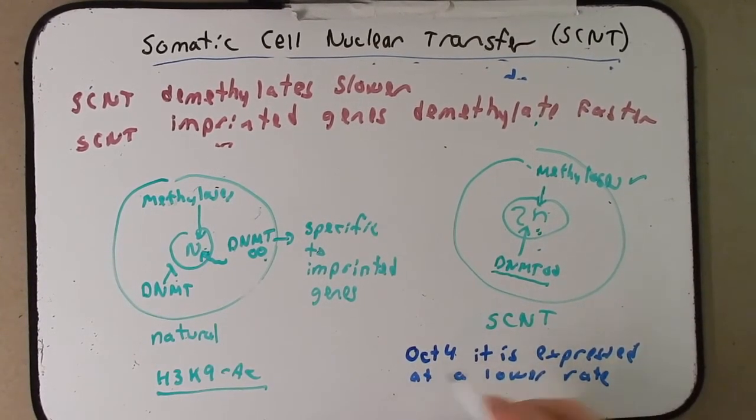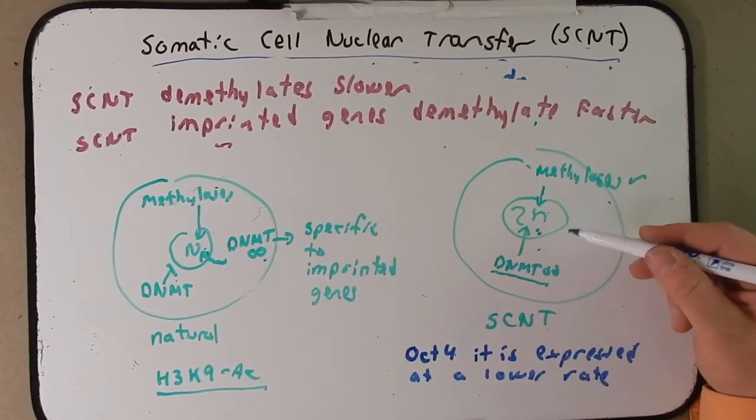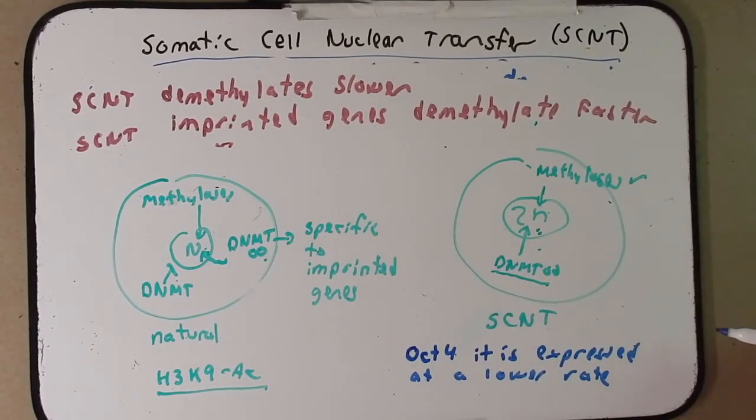We don't have as much OCT4 being expressed. Now that's not always a problem, because often we do get a progeny that forms. But because it's lower, that might help explain why these cloning methods don't always work, because you're not able to form or maintain that pluripotent stem cell state as long.